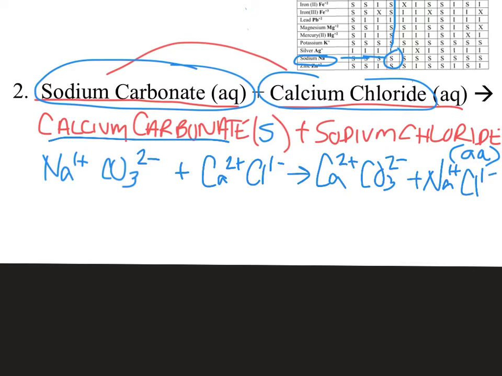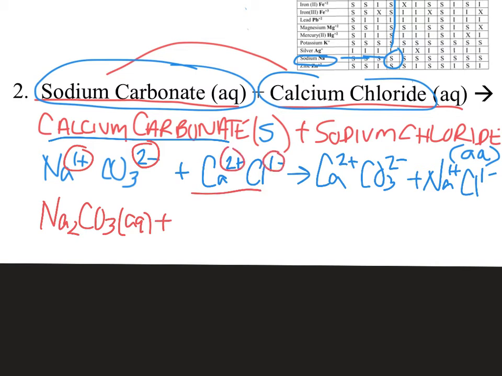Now that I have all my charges, I can use that to write out my proper equations. So carbonate's -2, so I'm going to need 2 sodiums for every carbonate. And we know that that is aqueous according to our word equation. Next up is calcium chloride. +2, so I'm going to need 2 chlorines to cancel that out.